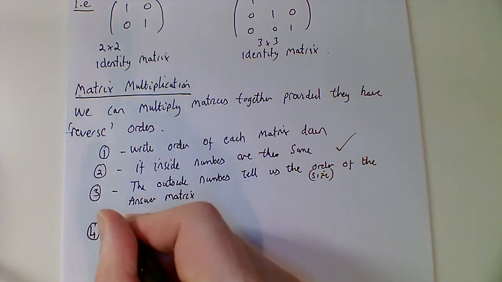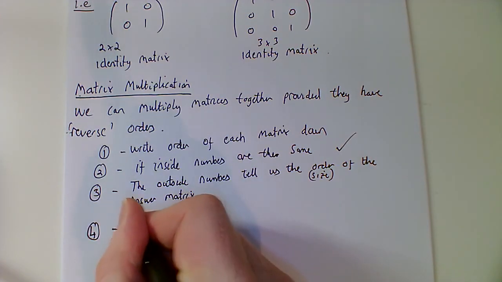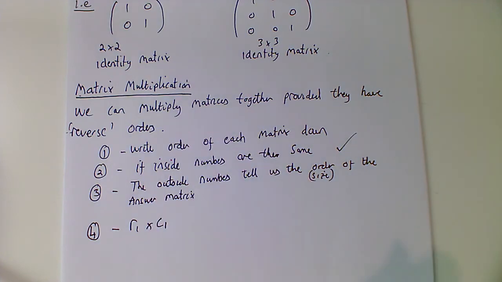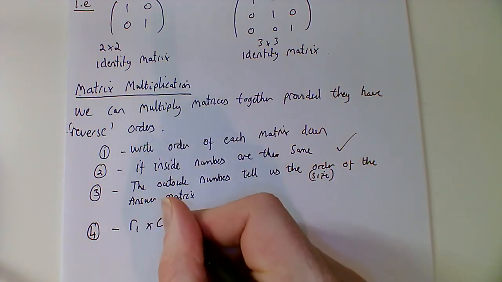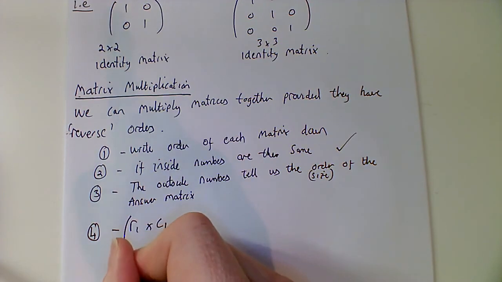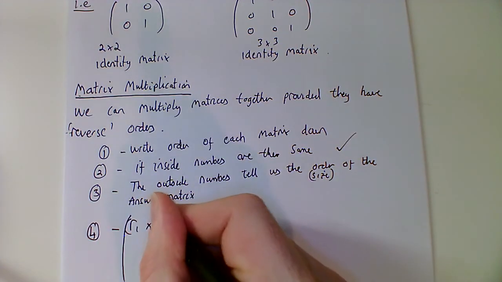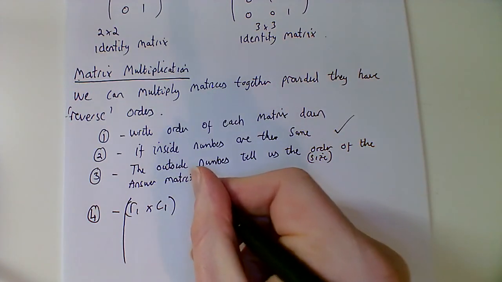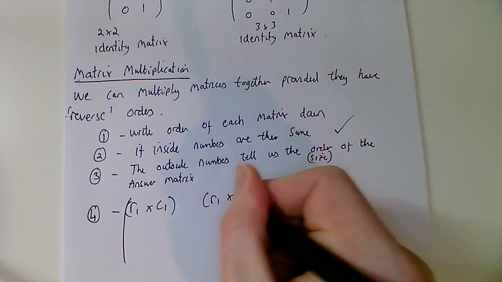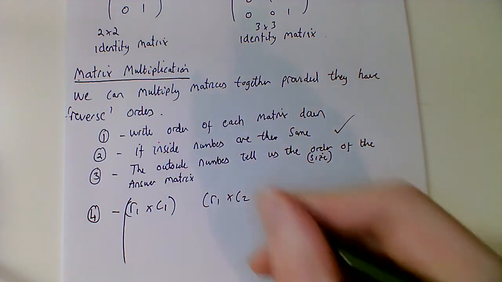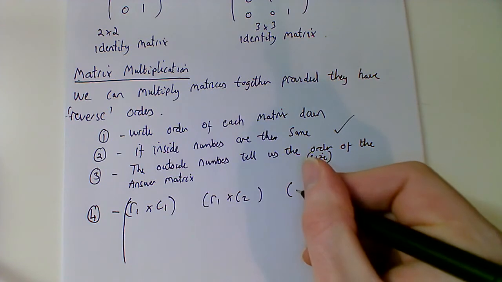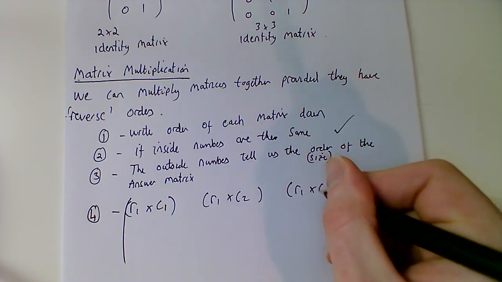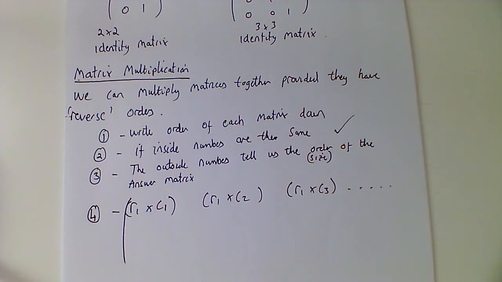Okay, then you're going to do row 1 times column 1, and that's going to go in the first element here. Then you're going to do row 1 times column 2. Then row 1 multiplied by column 3, etc. Now, between each element that you're multiplying together, you have to add.